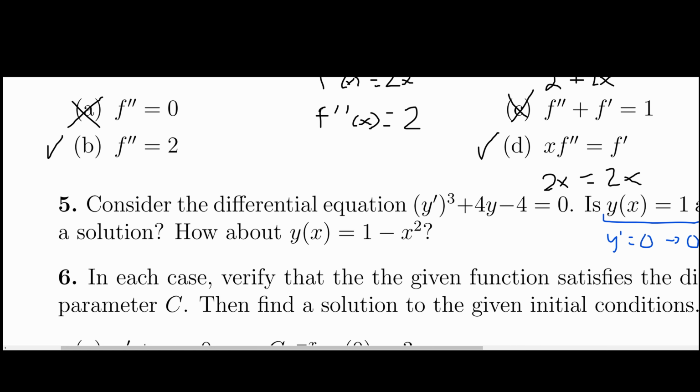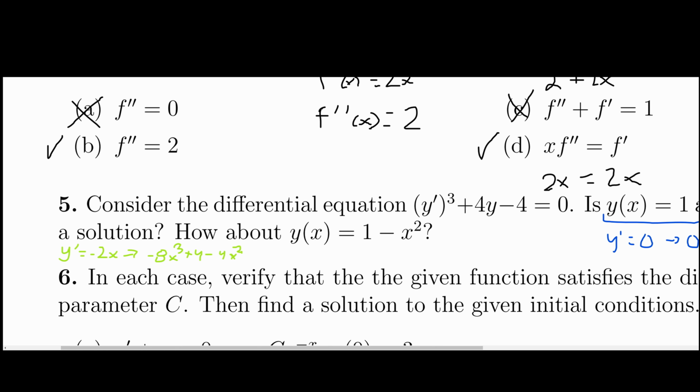Now we look at this last part. y of x is equal to 1 minus x squared. Taking the derivative of this, we get y prime is equal to negative 2x. Plugging this back into the original equation, we get negative 8x cubed plus 4 minus 4x squared.